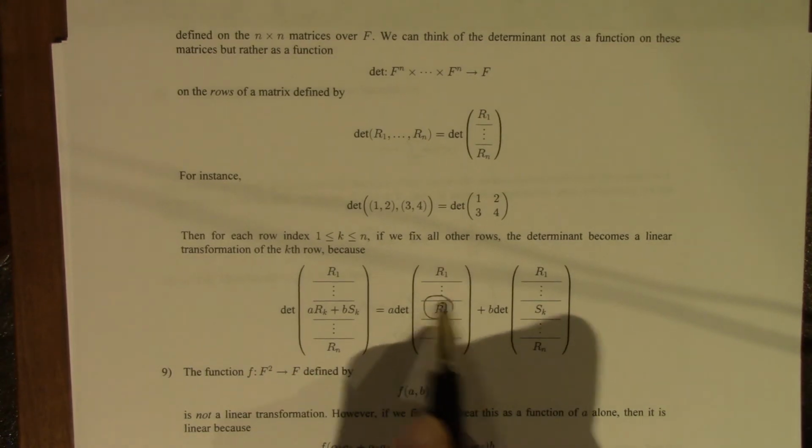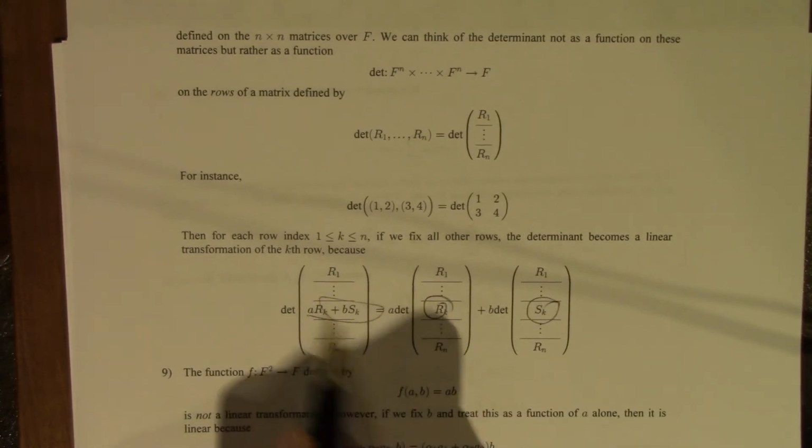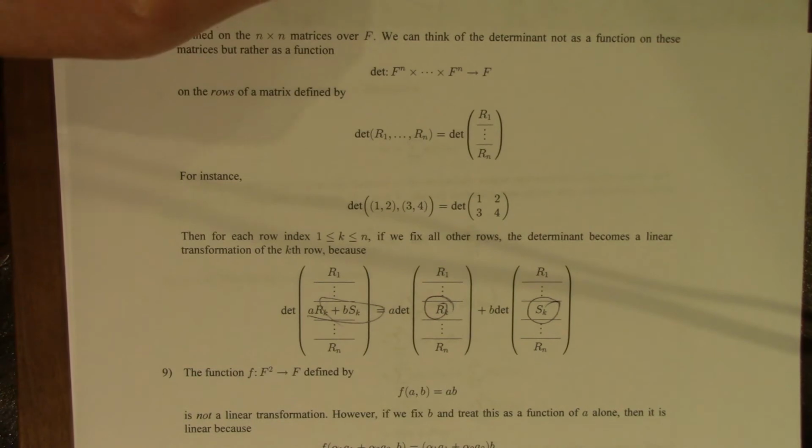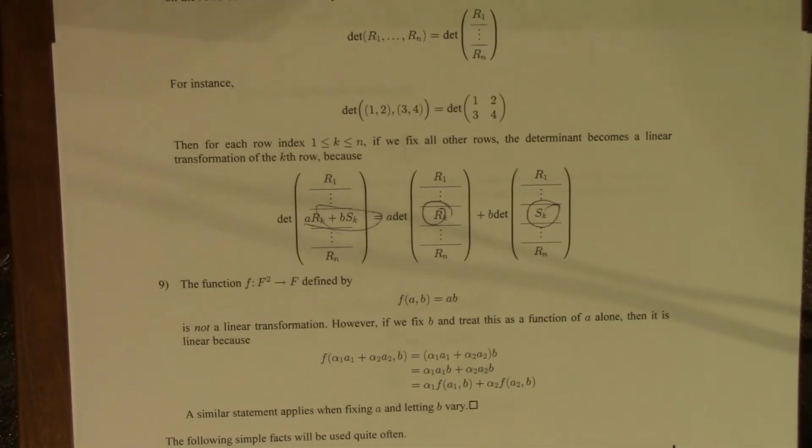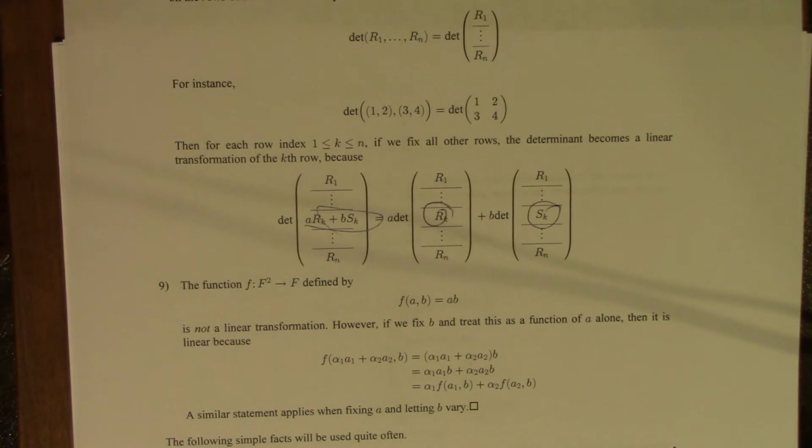So what we've done is these are the two vectors that contribute to that row. This means that if we fix all rows except the kth row, now the determinant is a function of that kth row.